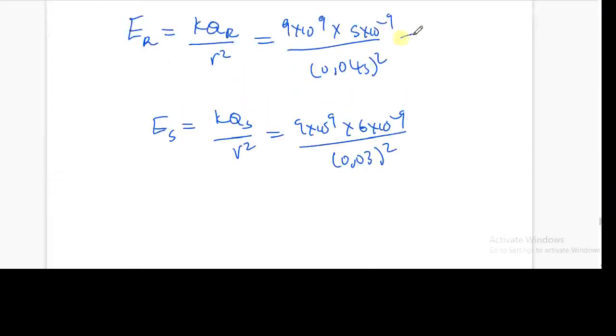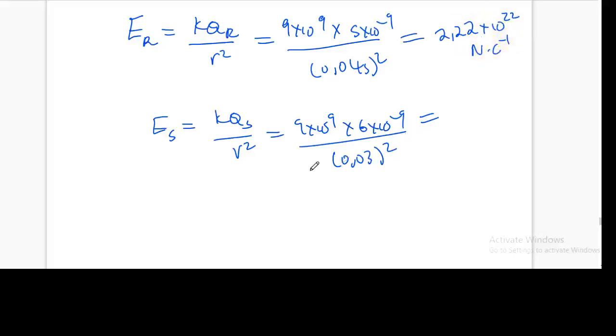Now let's calculate our magnitudes. 9 times 10 to the power 9, times 5 times 10 to the power negative 9, divided by 0.045 all squared. So I have 2.22 times 10 to the power 22 newtons per coulomb.